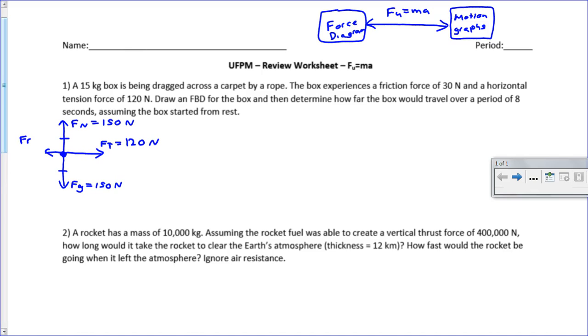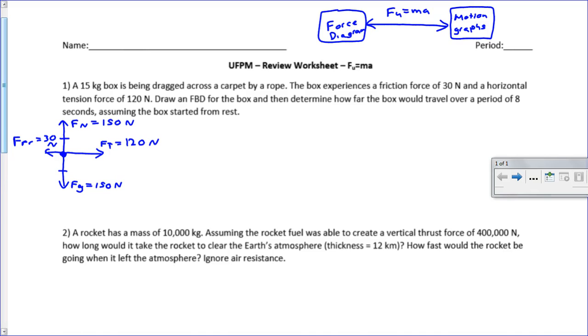It tells us it's just resisting the motion, so Ffr, and that equals 30 newtons.